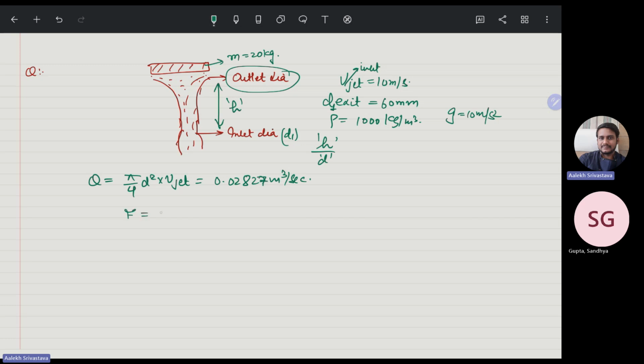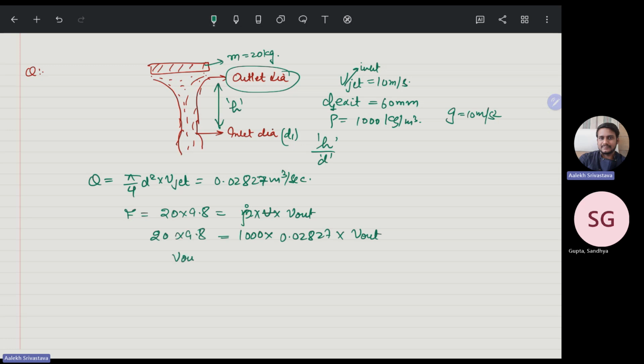So the force, 20 kg into 9.8, will lift the plate. That is rho into volume into V out. So this is the force that is exerted. Density is 1000, volume is 0.02827, into velocity out, which we don't know. So it is 20 into 9.8.